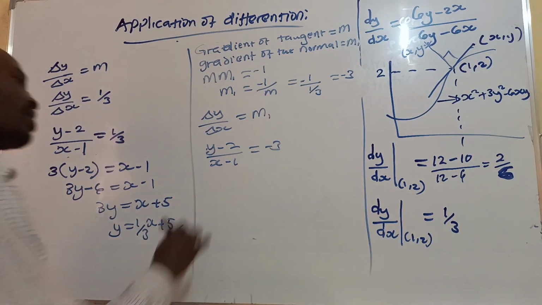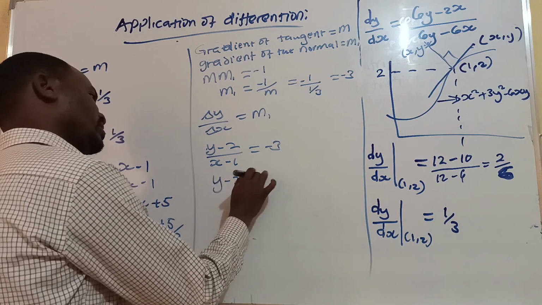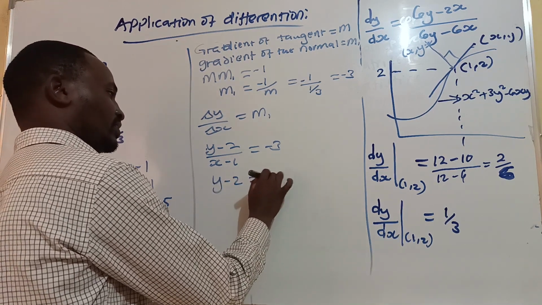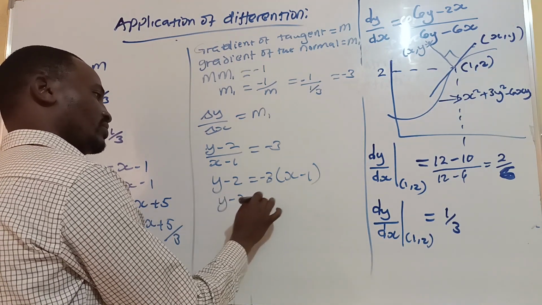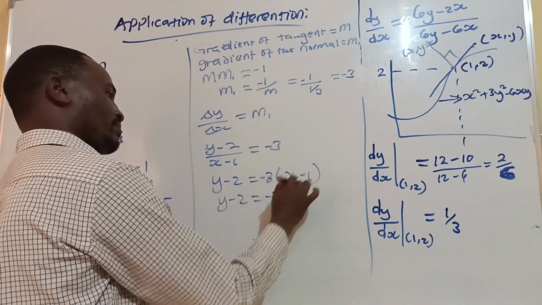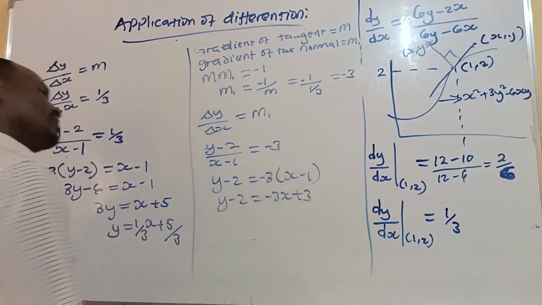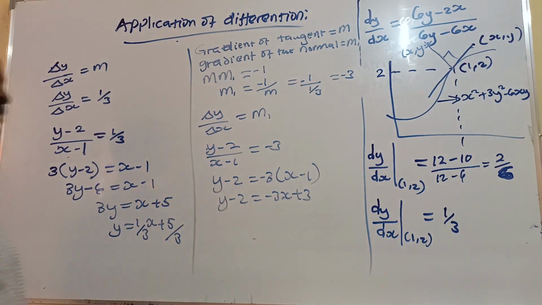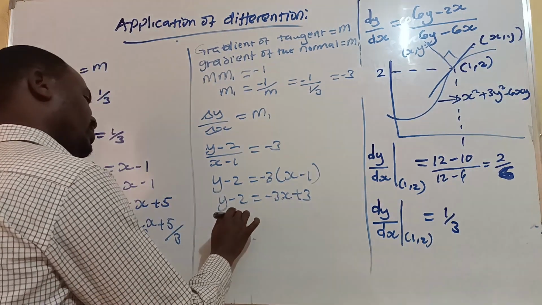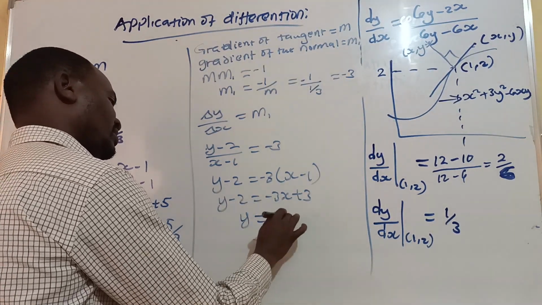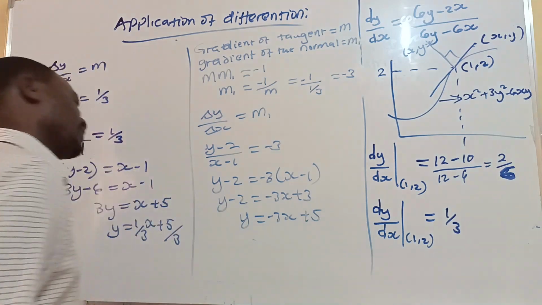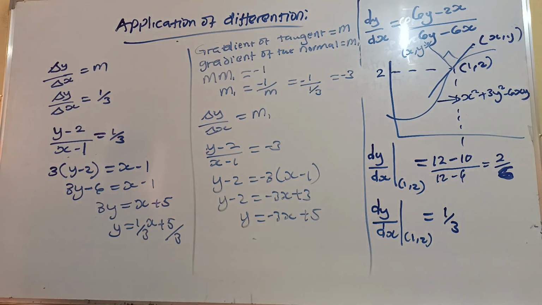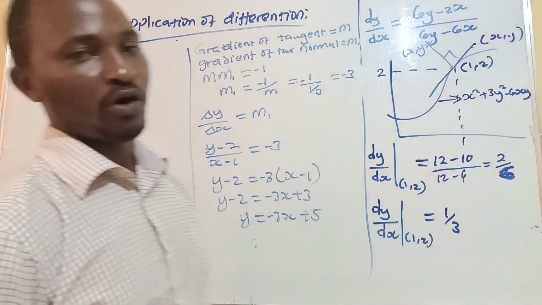Cross multiply, y minus 2 is equal to -3 times (x minus 1), which is y minus 2 is equal to -3x plus 3. Open that bracket, so that now you say y is equal to -3x, taking the other side of the equation, plus 5. So that is it. That's how you can find the equation of the normal and the equation of the tangent.